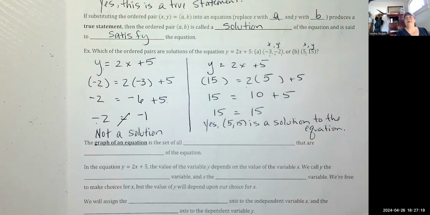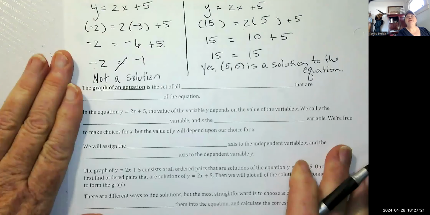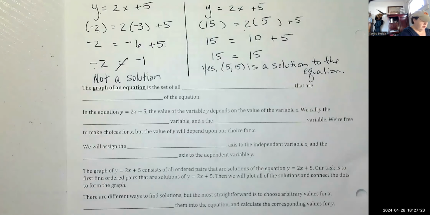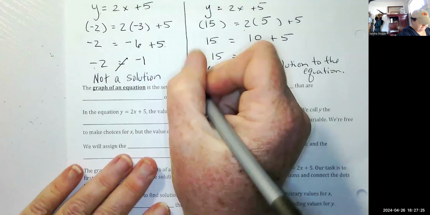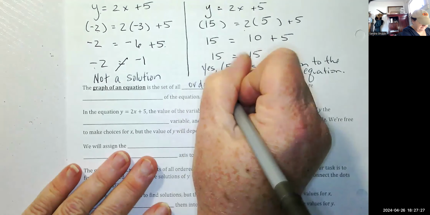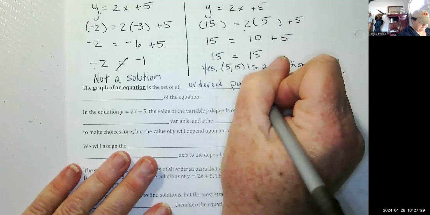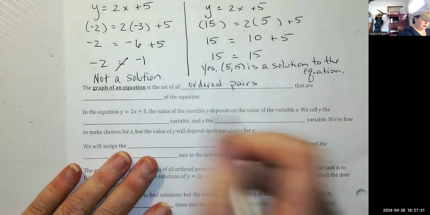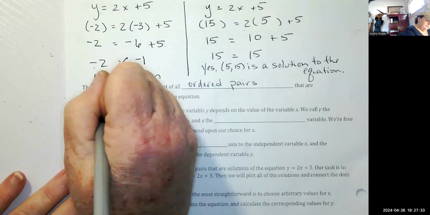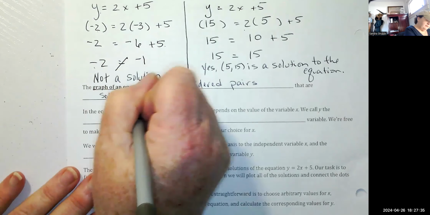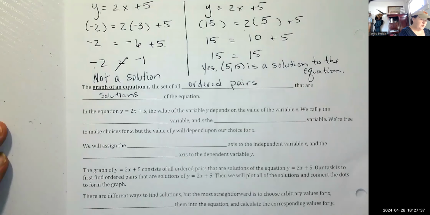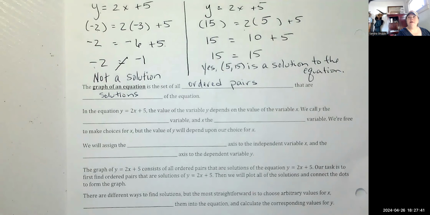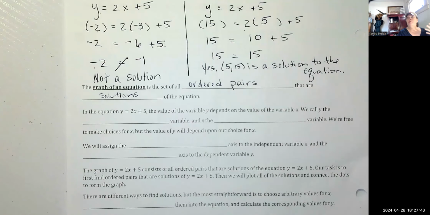Okay. All right. The graph of an equation is the set of all ordered pairs that are solutions of the equation. In the equation y equals 2x plus 5, the value of the variable y depends on the value of the variable x.